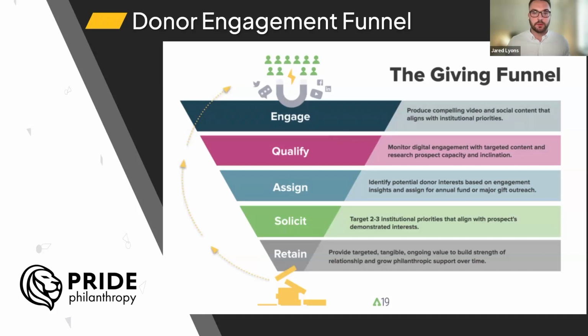And then, like I said, the most important part would be retention. The average donor retention rate for nonprofits nationally in 2023, I think, was somewhere between 40 and 45%. So less than half of those who give to a nonprofit will give to the same nonprofit again.